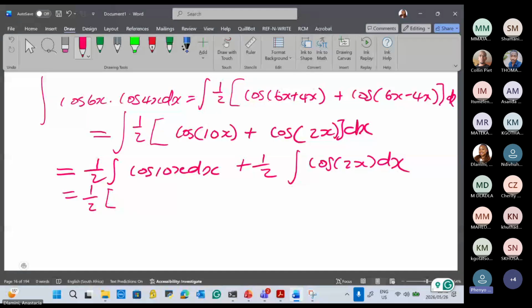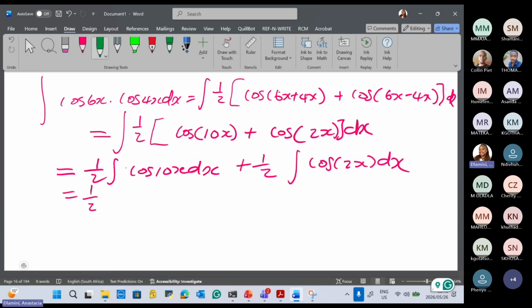The integral of cos is going to be sine 10x over 10.